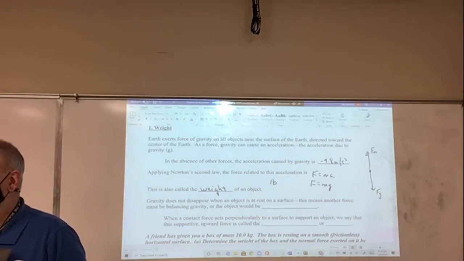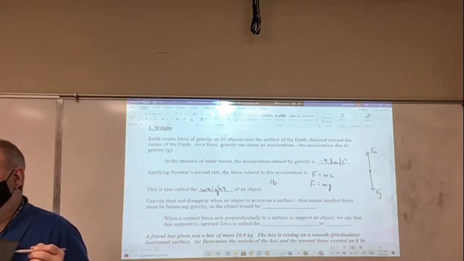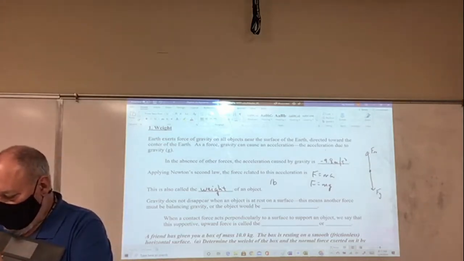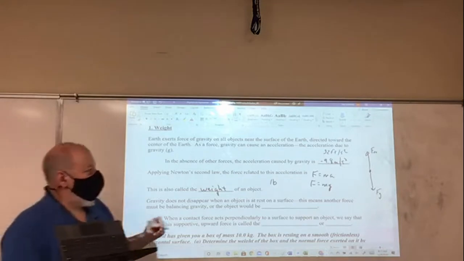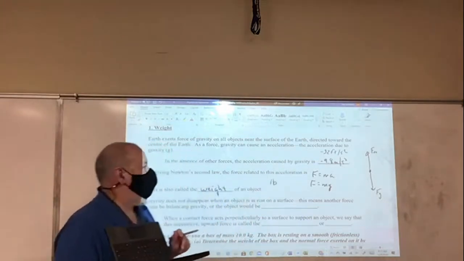Okay, what do we usually measure distances in the English system? Feet. Okay, so it's going to be 32 feet per second squared. It's the same thing. It would be negative, yeah. So negative 32 feet per second squared.